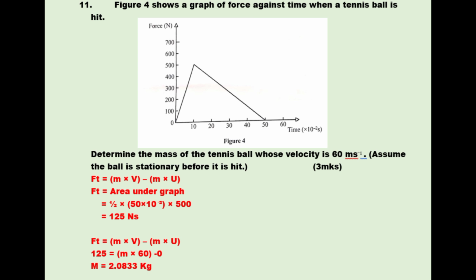We know Ft equals mv minus mu, but we are told the ball is stationary before it was hit. That means mu is 0 because initial velocity is 0. And that means now the mass becomes 2.0833 kilogram. That is when you calculate the mass through Newton's second law.